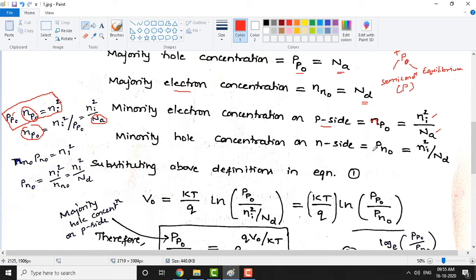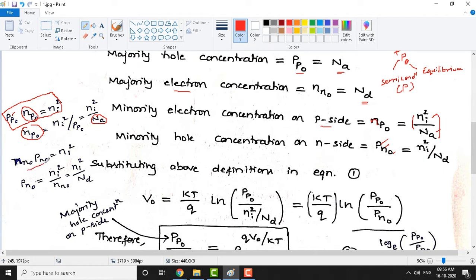The subscript N indicates hole concentration on the N side under equilibrium condition, which is also equal to Ni square by Nd. Ni square remains the same, but in place of Na for electron concentration, we have to show Nd for hole concentration. These are the rewritten equations for both majority and minority carriers. You need to remember these relations for minority carrier concentration.